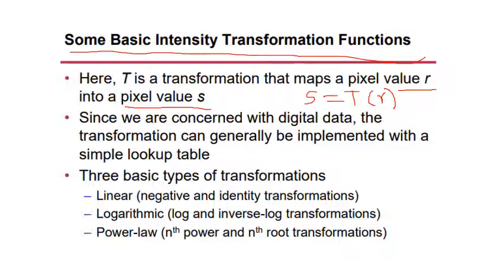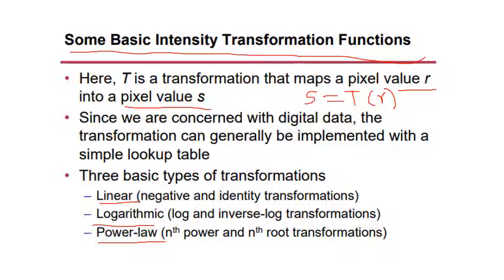If you're thinking of trying to classify the different types of intensity transformation, we can think of three basic types. One is the linear transformation, one is the logarithmic transformation, and the third is the power law transformation. Linear includes negative and identity transform.